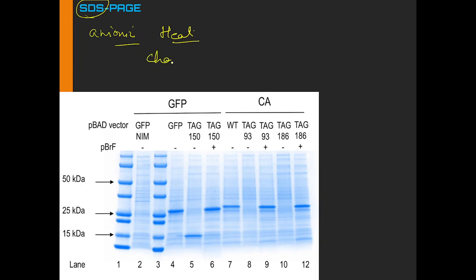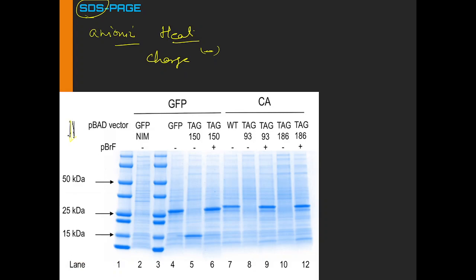The charge on all the proteins will be negative, whatever charge they initially had, and the migration you find over a gel is based on their sizes. So that's SDS-PAGE.